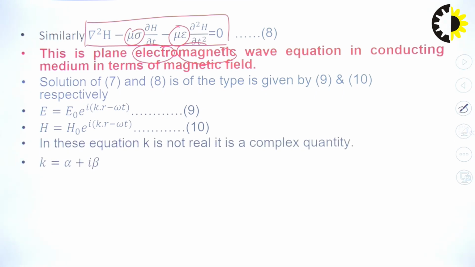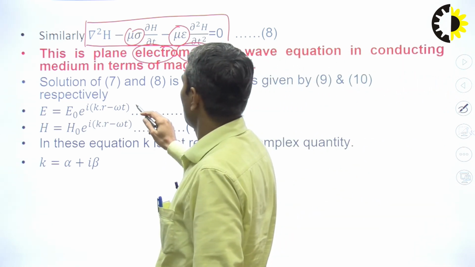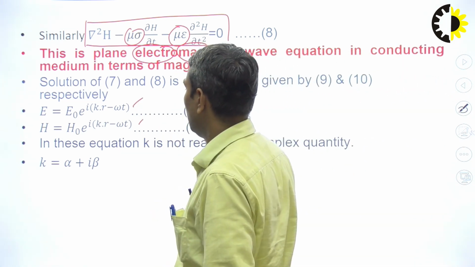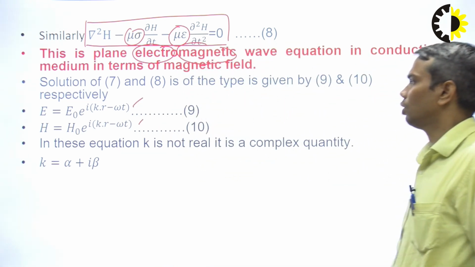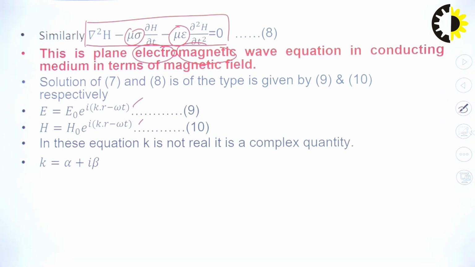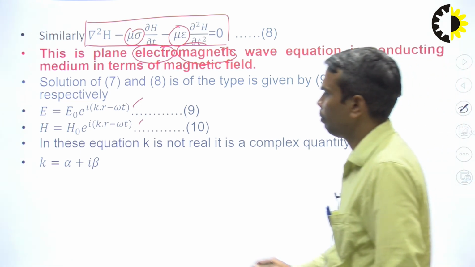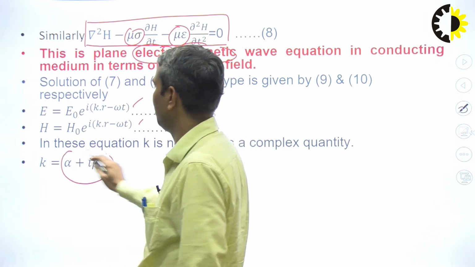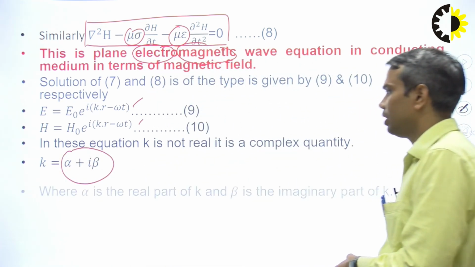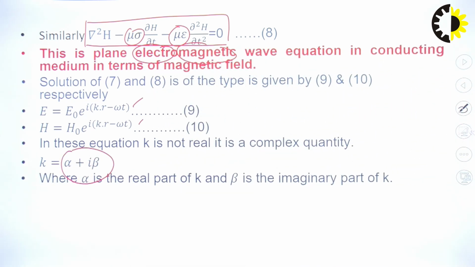If we take solution of these two equations, this must be of equation 9 and 10 types. In this equation, K is not real, it is a complex quantity. So complex quantity we can write alpha plus i beta. Alpha is real part and beta is imaginary part.